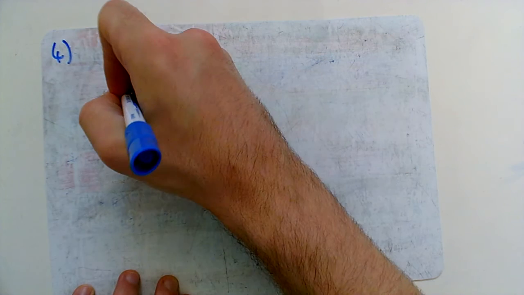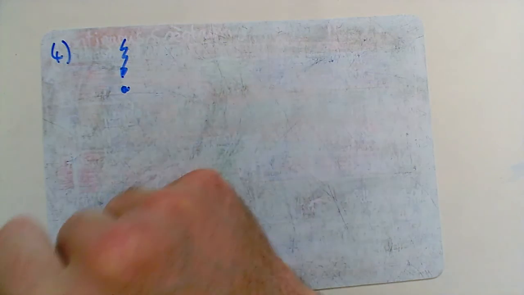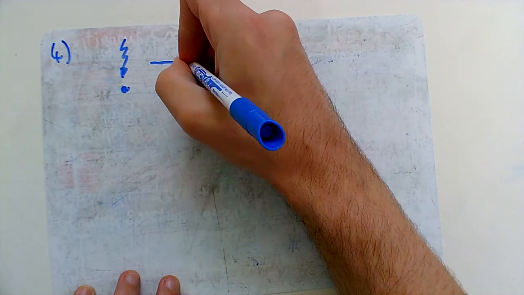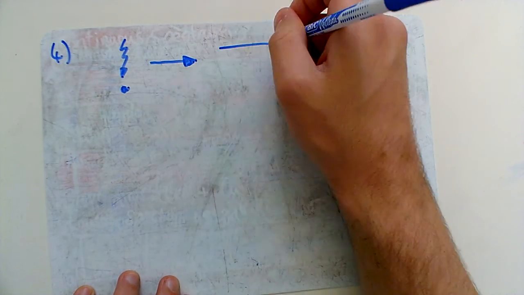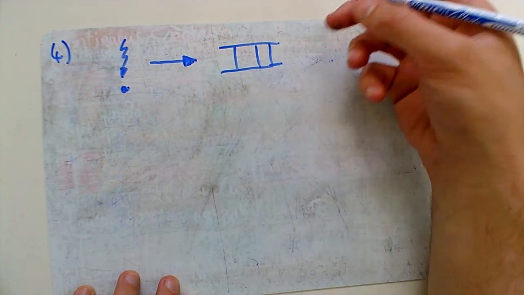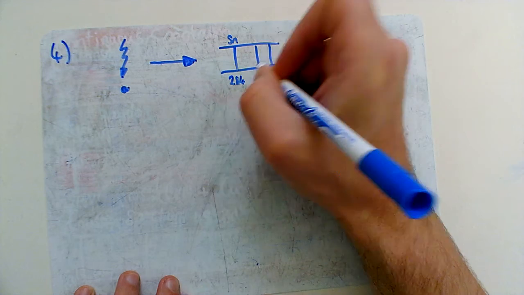Question 4 gave you a picture of how, essentially, a sample was struck by high voltage and it emitted photons, and you ended up with lines, and each line could be a particular element. So tin was this one, and it had a wavelength of 284.